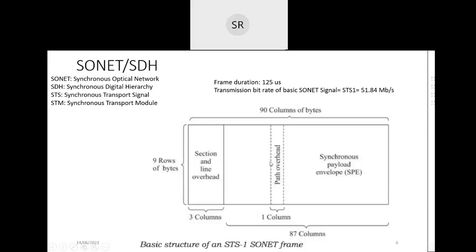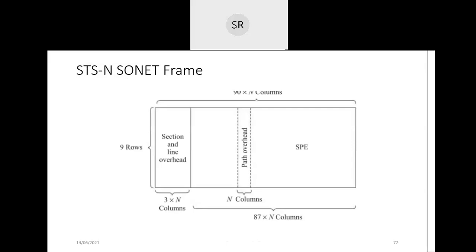In that case, we can use add-drop multiplexing for the individual channels' information in that optical network there. This frame consists of 90 columns of bytes, with a duration of 125 microseconds. Similarly, for the SONET STS-N format, it is the same thing here.